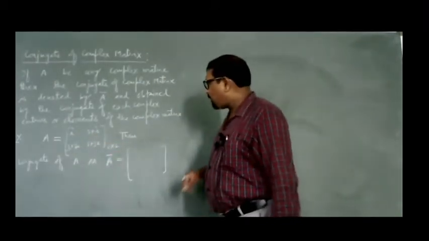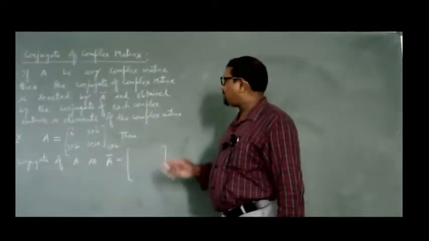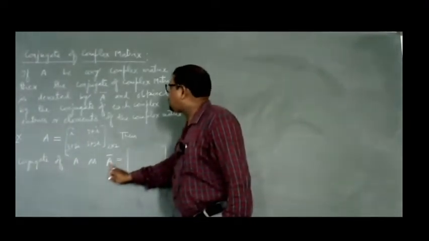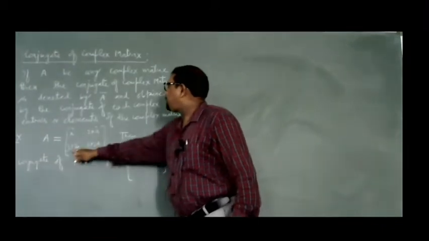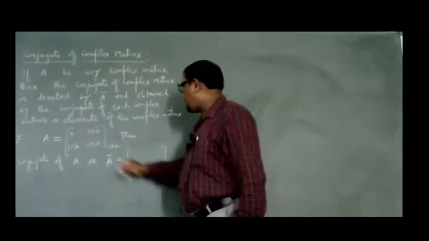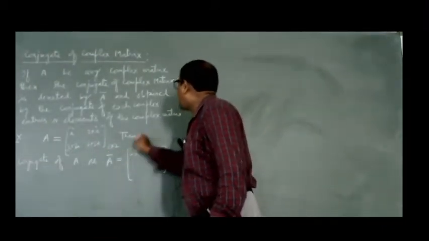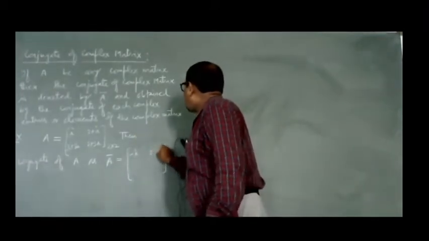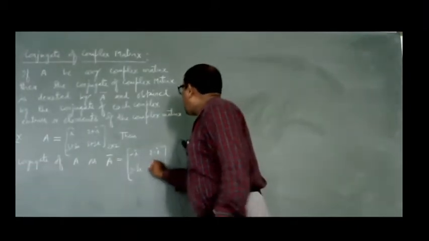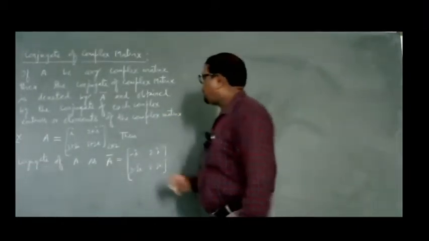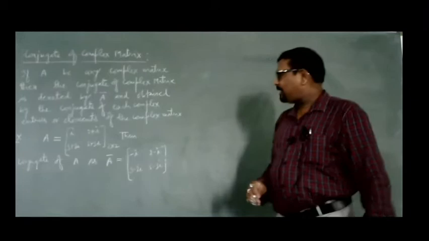So the conjugate of complex matrix A is obtained by A bar equal to taking the conjugate of i, 2 plus i, 3 plus 2i, 5 plus 3i, and we find here minus i, 2 minus i, 3 minus 2i, 5 minus 3i. This is the conjugate of matrix A.